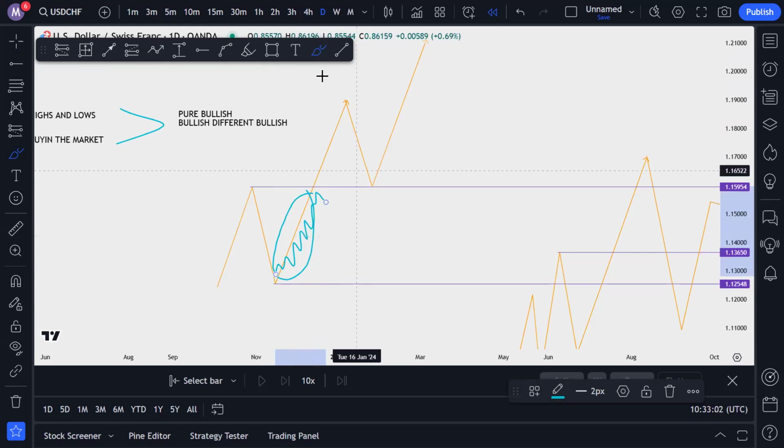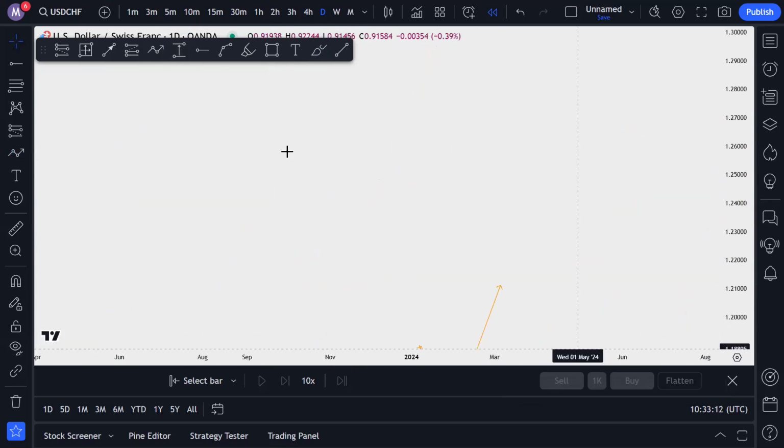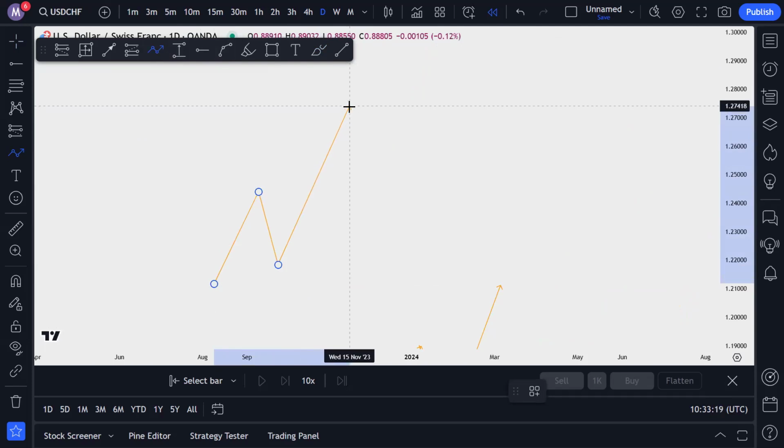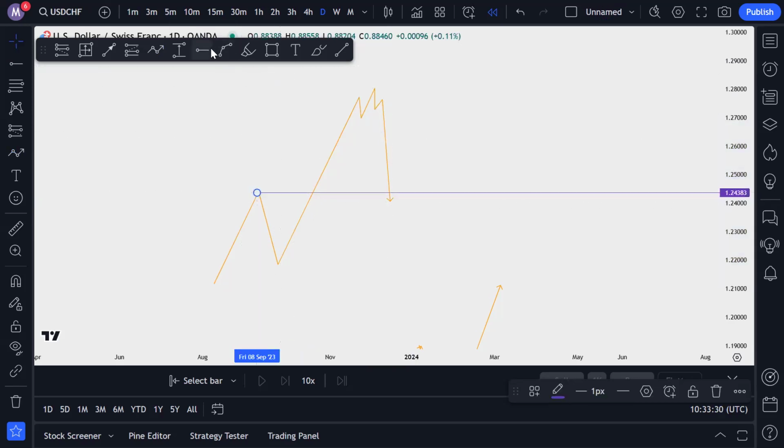But sometimes price also performs a pure bullish because of unconsumed liquidity. Let's assume this was our area of liquidity here, or this was our trend here. So price comes, this was our validation point, and this became our validation point.